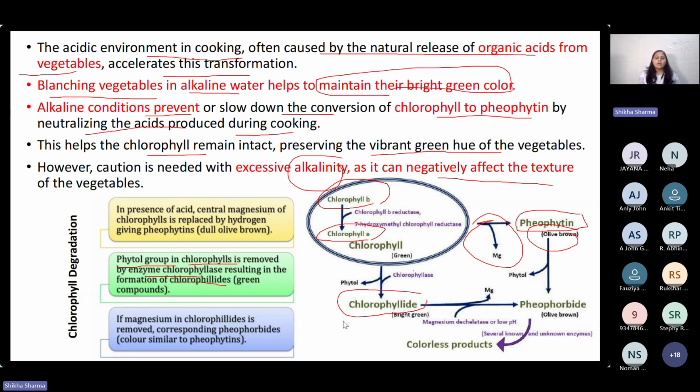So if we carry out this reaction, we can get a good color of the vegetables.